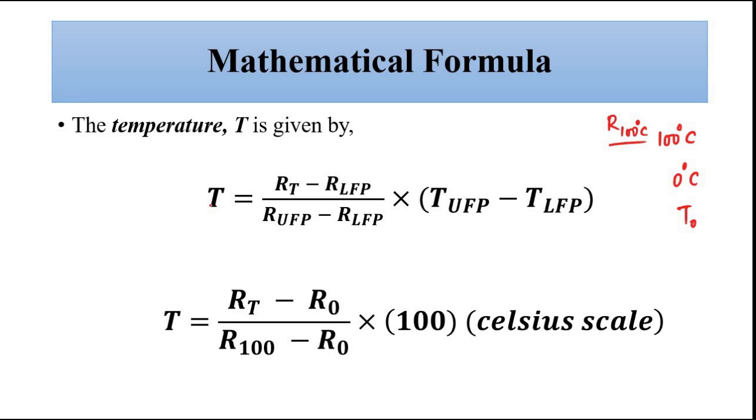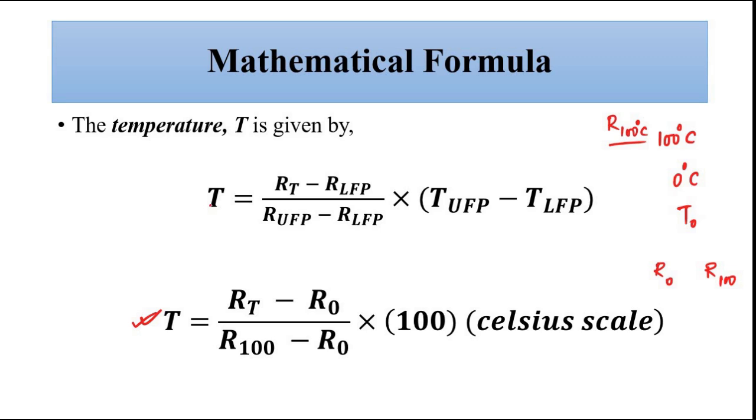So when we have both readings, resistance at 0 degrees Celsius, the lower fixed point, and resistance at 100 degrees Celsius, the upper fixed point, we can calibrate the thermometer to give us the particular temperature reading as per this relationship: RT minus R0 by R100 minus R0 into 100, where 100 is the difference in the upper fixed point temperature and lower fixed point temperature.